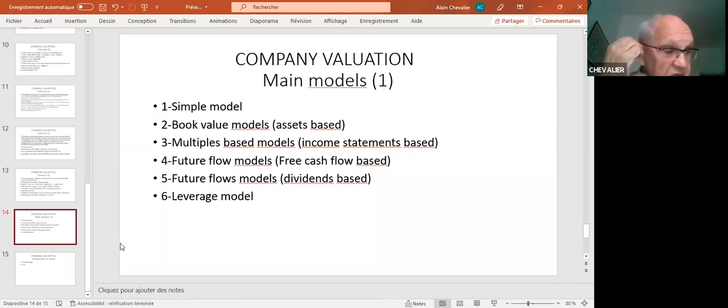You know P because the company is listed on the market. But you don't know K and you don't know G. It means you need a third element to calculate the fourth one.